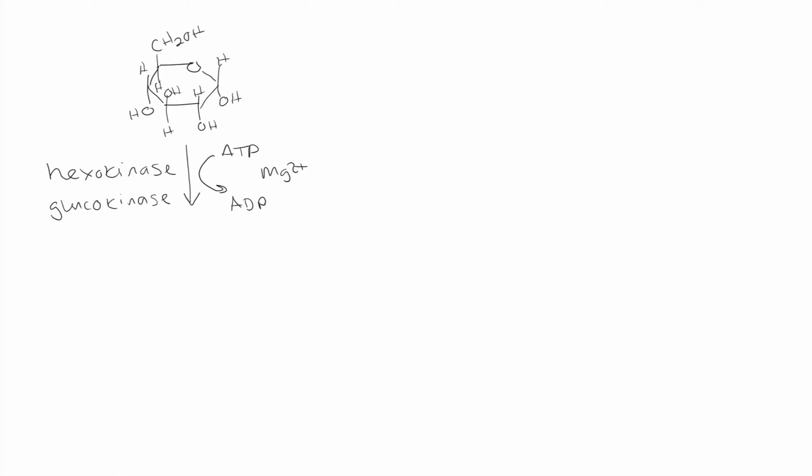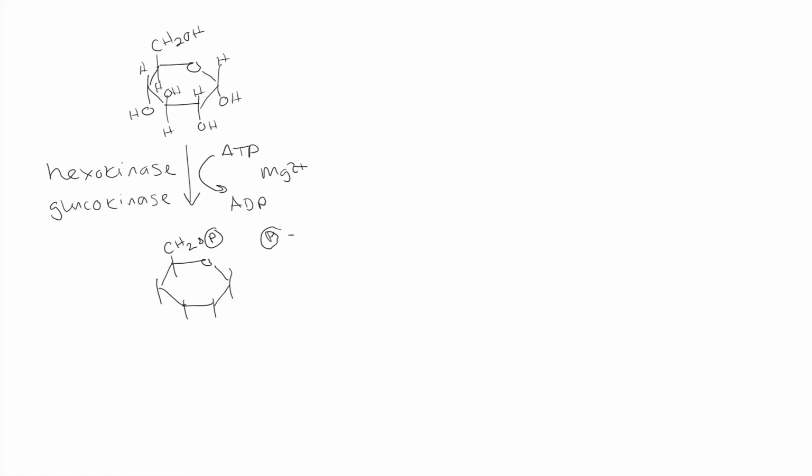And what's going to happen is the 6 carbon will become phosphorylated. And remember, the P with the circle around it stands for PO3 with a 2 negative charge on it, so that is charged.